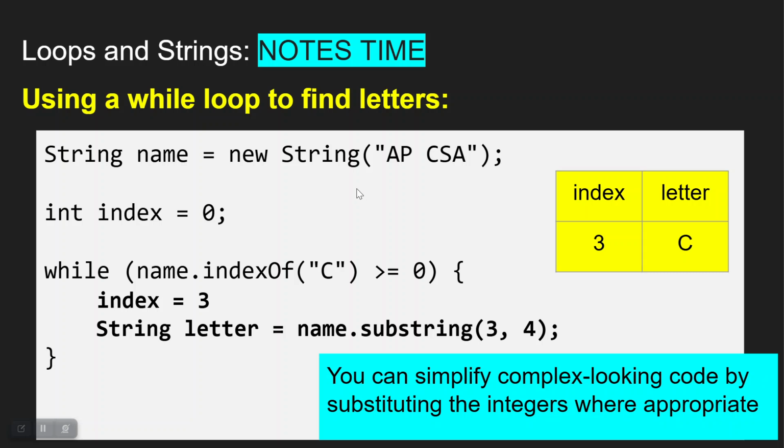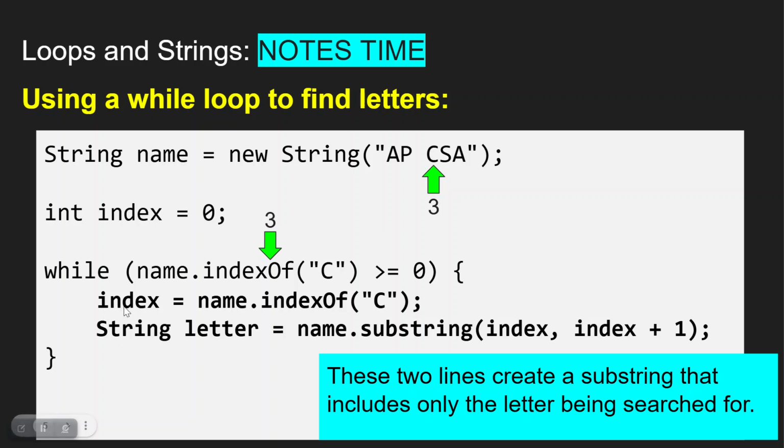One thing that I like to do is simplify complex looking code by substituting the integers where it's appropriate. So, again, when you see this and it says index equals name.indexOf C, and then string letter equals name.substring from index to index plus 1, sometimes this can get confusing.